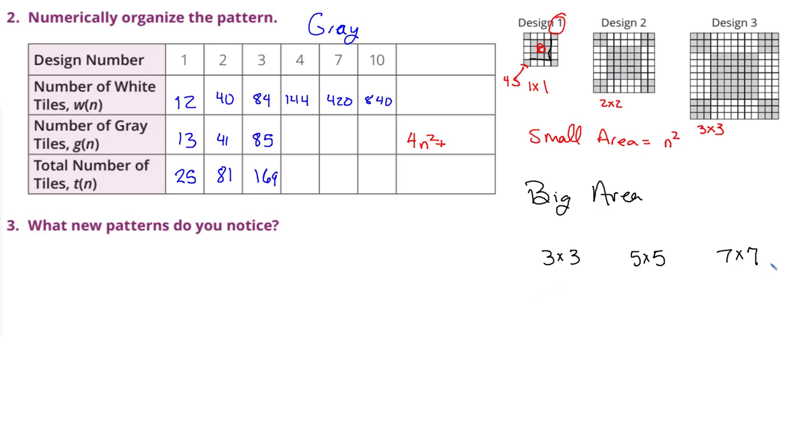Some of you may have already noticed this is the same pattern that we had in the previous one of how we increase. We're increasing by 2 each time. So that means we have 2n, and we need to add that 1 to get there. That's going to be the same for both of them, so I can just put that as squared. And now let's use this to help you find your 4, 7, and 10 gray tiles.